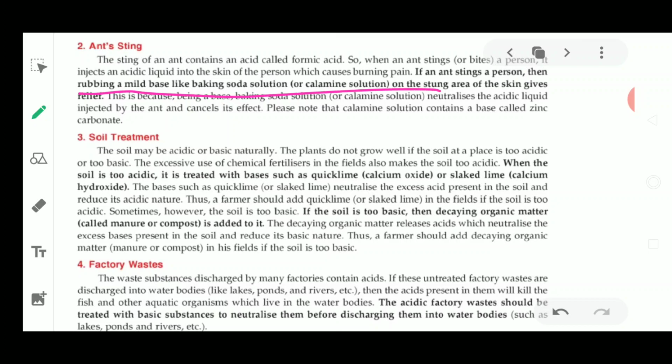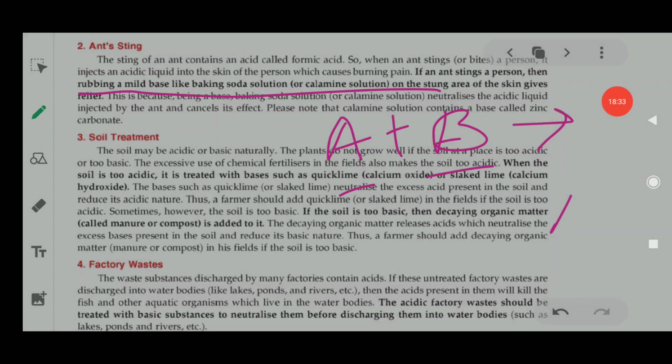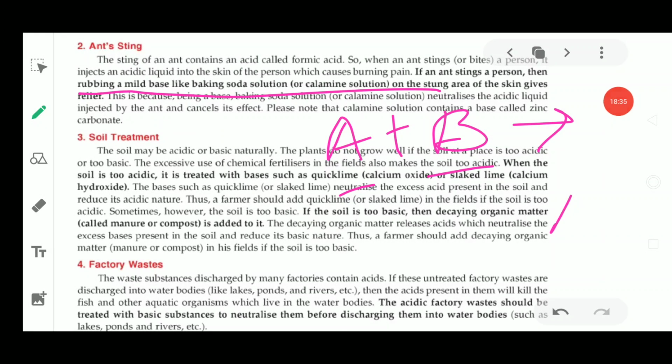So please remember, acid is always neutralized with the help of a base to form salt and water. So this salt and water will be formed when the acid reacts with the base. Just now we studied in the neutralization reaction that when an acid is neutralized, it is always neutralized with the help of a base.